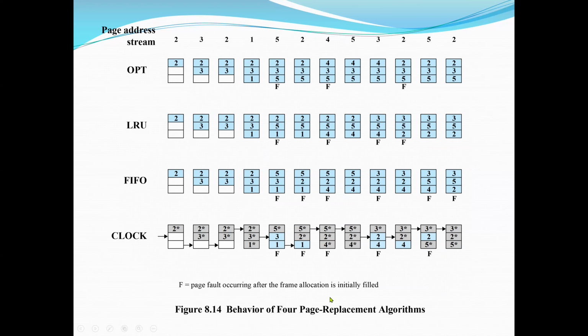The optimal policy selects for replacement the page for which the time to the next reference is the longest. It can be shown that this policy results in the fewest number of page faults.